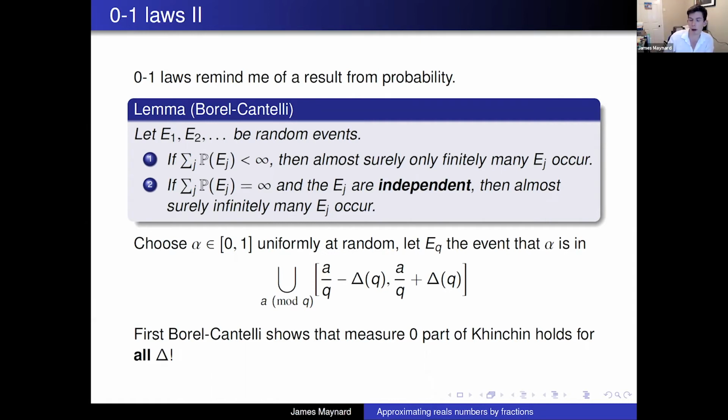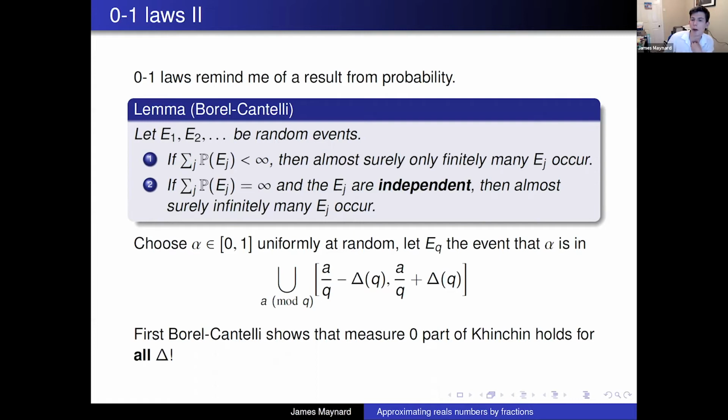And so the first part of the Borel-Cantelli lemma actually shows that Hinchin's theorem extends to all possible functions delta whenever you're in the convergence case. So whenever the sum of q times delta q converges, it's always the case that your set L has measure 0. And this just follows immediately from the Borel-Cantelli lemma and this translation of the Diophantine approximation setup to a probabilistic setup.